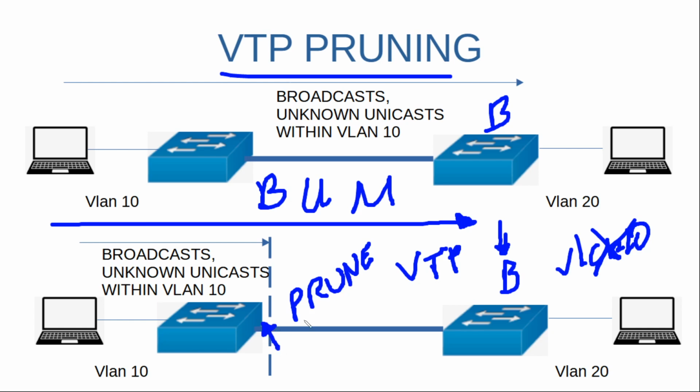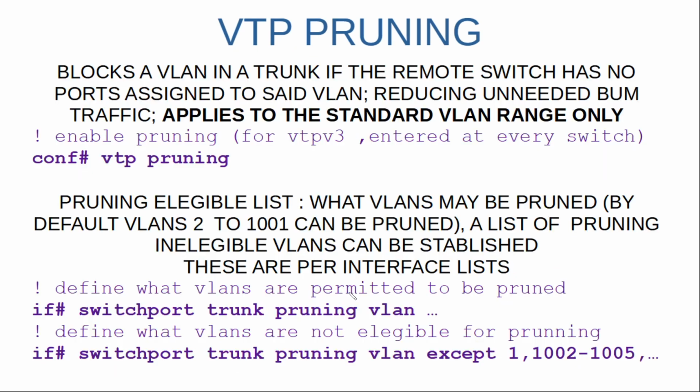In this case, VTP notices that switch V is not actually using VLAN 10, so it will prune VLAN 10 from this port. So the multicast, broadcast, and unknown unicast aimed at VLAN 10 are not sent through this port because VLAN 10 is pruned from that port.